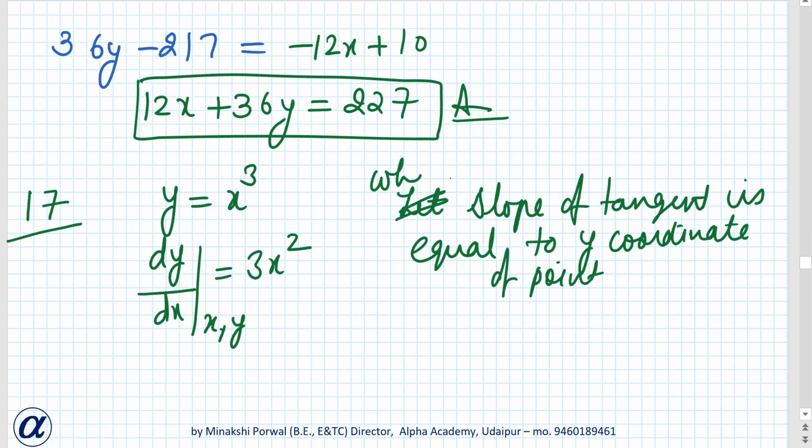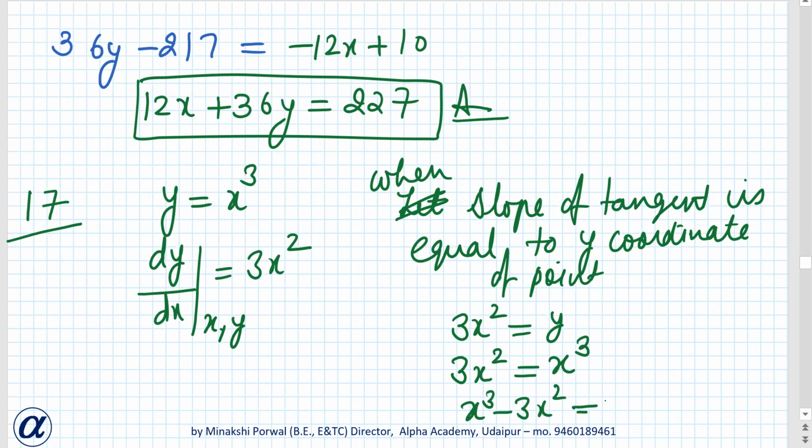We can write this: the slope of tangent, 3x square, will be equal to y, and from the equation of the curve, y is equal to x cube. So 3x square equals x cube, or x cube minus 3x square equals 0, so x equals 3, x square equals 0, x equals 0. These will be the two values of x, and then we'll find the corresponding values of y.